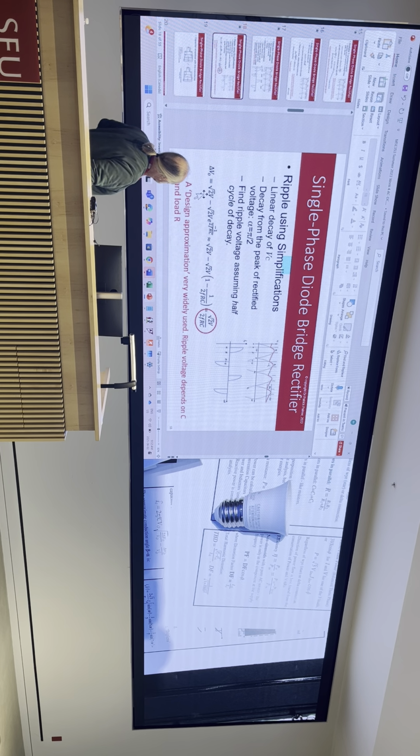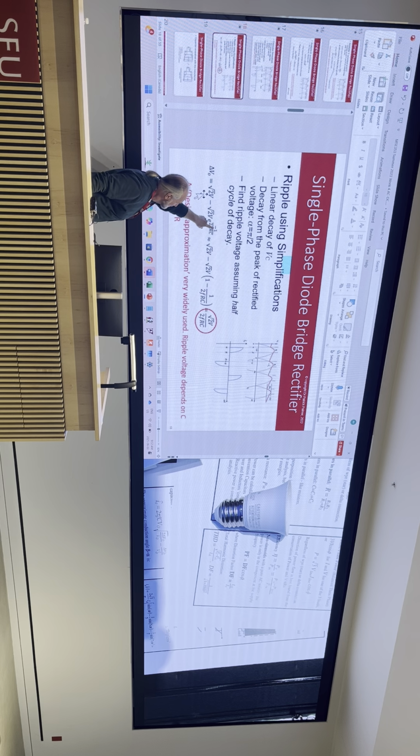So our ripple then is starting at the peak, going for one half cycle of the exponential decay from the peak, because it's not actually from the peak, right? So it's not from there, but we're making these assumptions, right? And we then know that it's a half cycle, 1 on 2f. So we get out this very nice equation here. And this is what I would call a design equation.